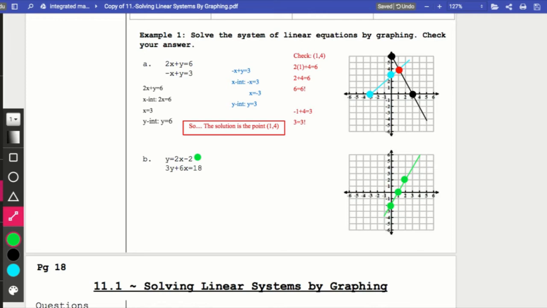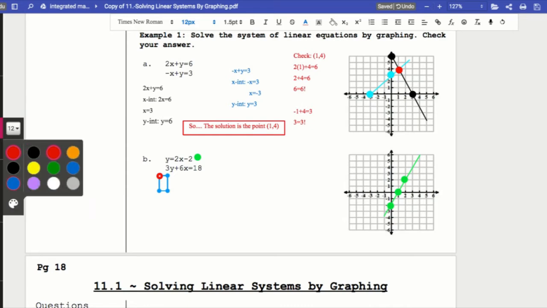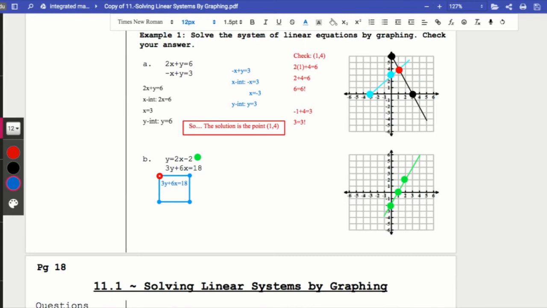And then the next line, I'm going to use the intercepts. So let's go ahead and calculate what those intercepts would be. Let's just write the equation: 3y plus 6x equals 18. If I find the x-intercept, then I'm checking to see when y is 0.